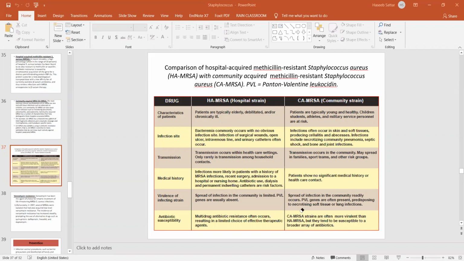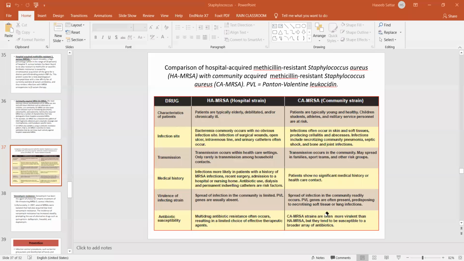So regarding virulence, hospital acquired MRSA's spread is limited, and the PVL gene, Panton-Valentine leukocidin gene, is absent in hospital acquired. While in community acquired, the PVL gene is present. For antibiotic resistance, in hospital acquired MRSA, they are resistant to all of the antibiotics, so we have limited choice for therapy.